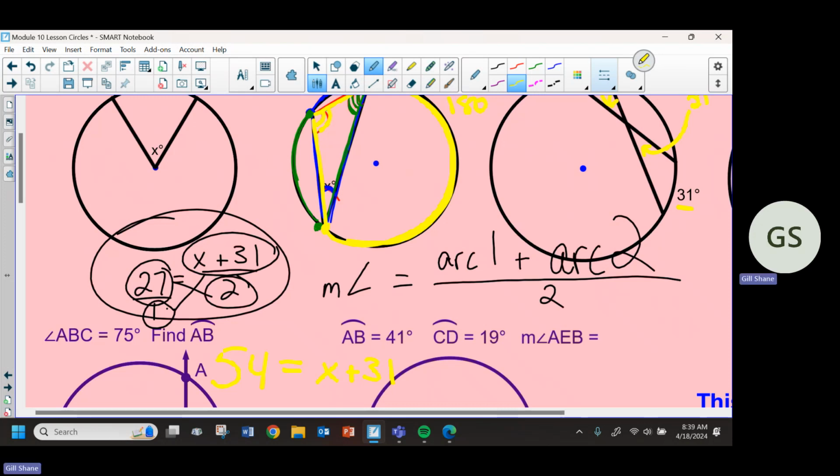So the measure, and what did we just solve for? Hey, that's what I'm going to call on. What did we just solve for, Shade? Not the number, not the answer. What is x? X is what? Representing what part of that figure? Well, there's a word for it.